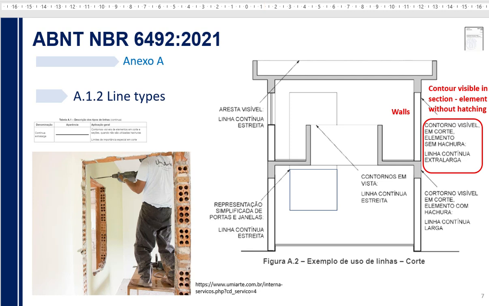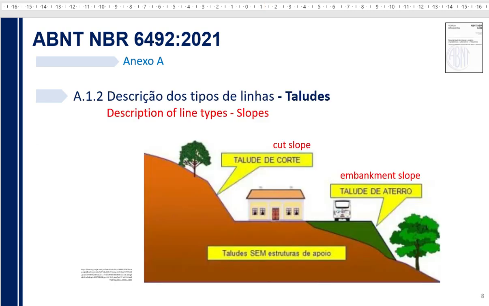Another example is the description of line types known as slopes. Here we have a house and two kinds of slopes, like cut slope and embankment slope.